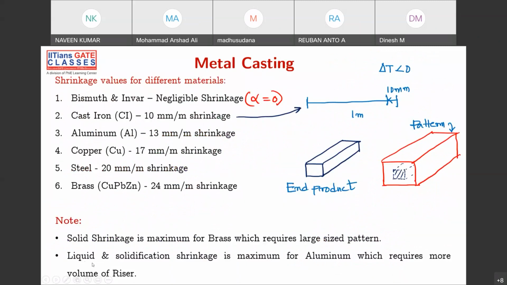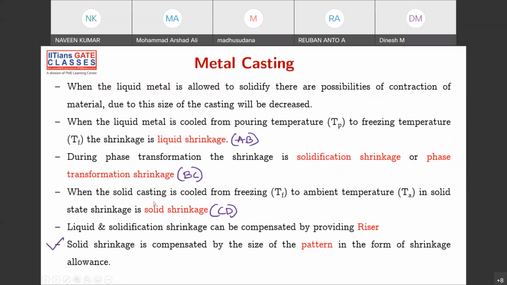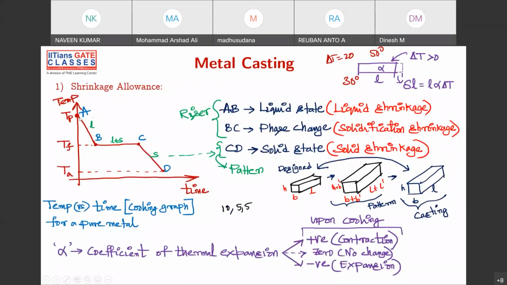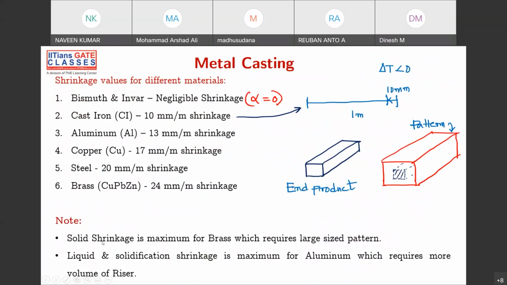Liquid and solidification shrinkage is maximum for aluminium, which requires more riser. Aluminium will have more shrinkage from A to B and B to C. So for this you need a good volume of riser, so that the liquid will be compensated during the AB and BC stages. These are the two important points to take home.